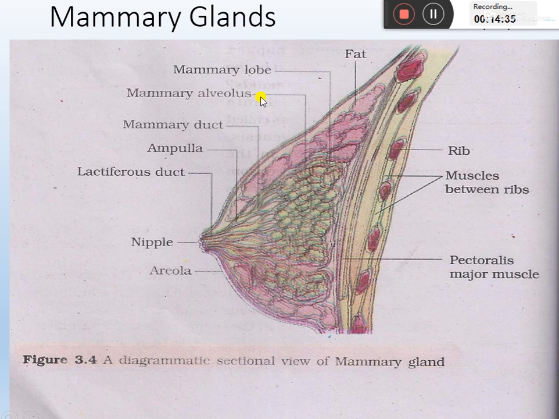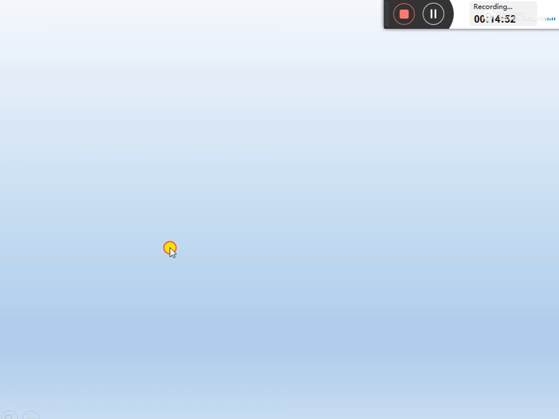These alveoli open into the mammary duct. Then each mammary duct opens into the ampulla, and all ampullae form lactiferous tubules which open into the nipple.